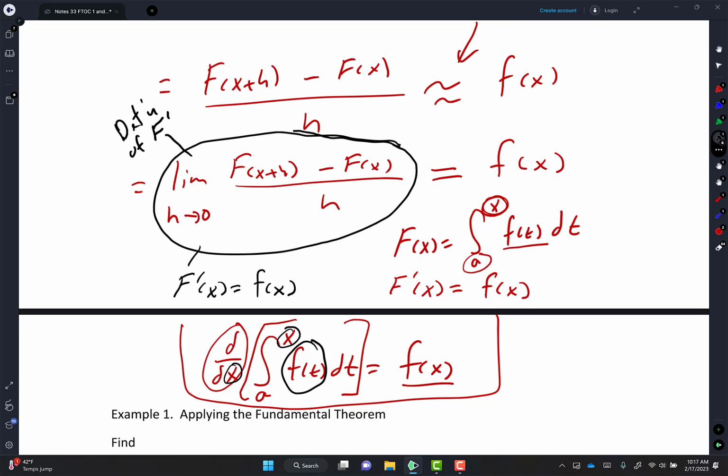But look, here's the logic. I ruined the magic for you guys, and I'm so sorry. Here's the logic. When you take the derivative of this symbol you've never seen, the derivative of this integral of f of t dt, you're telling me that it's just the inside? It's just whatever this was on the inside? So if I take the derivative of this integral, you just get the inside. So this is where the magic comes when we do the next one. So if I don't take the derivative of this integral, that must mean it must be an antiderivative.